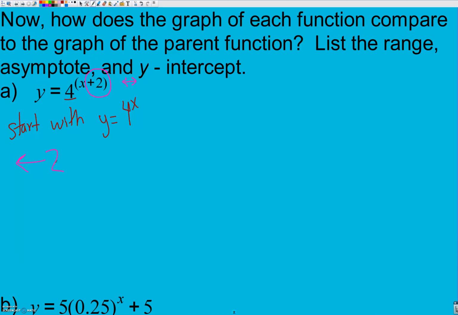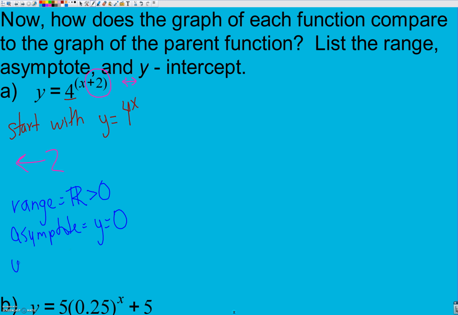As far as our range goes, since we didn't change anything up and down, our range didn't change. And our asymptote, again, since we didn't change up and down, is still going to be y equals 0. Range is all real numbers greater than 0. Sorry about that. Our domain is all real numbers. Our height didn't change, so neither did our range or our asymptote.